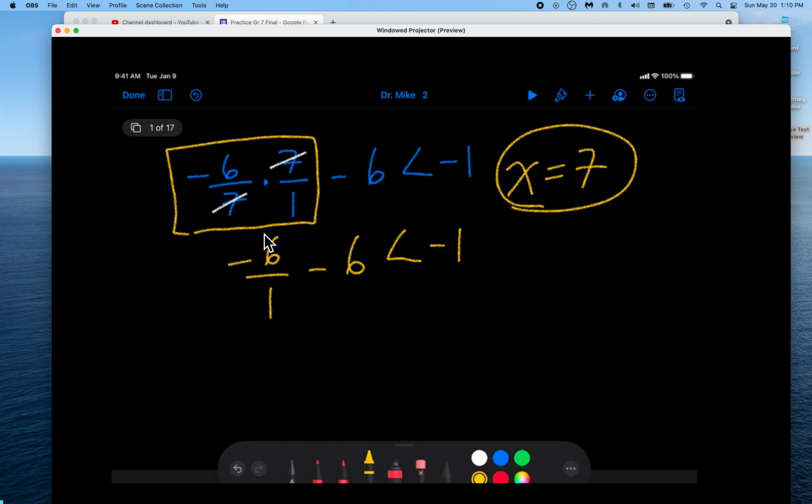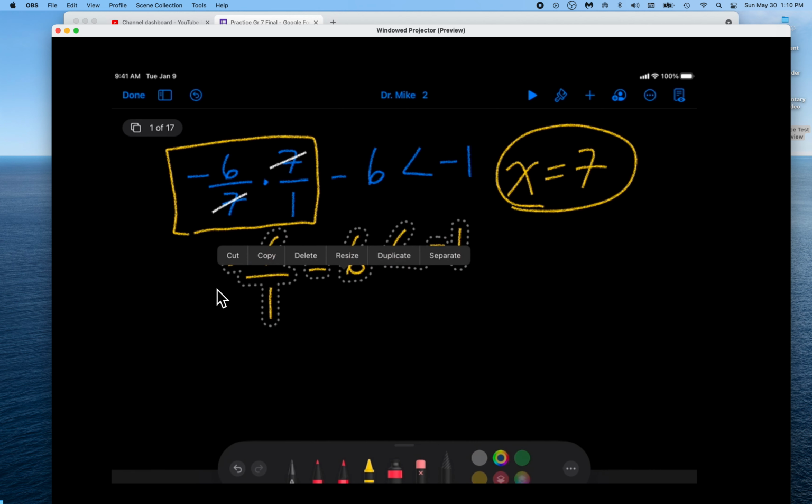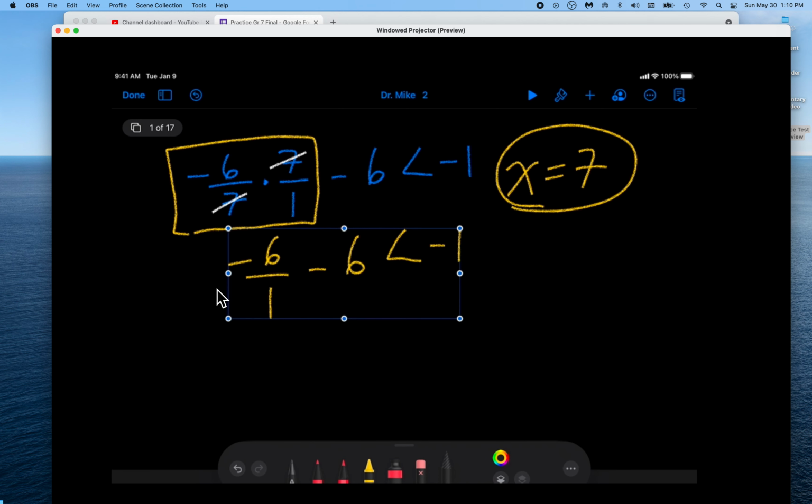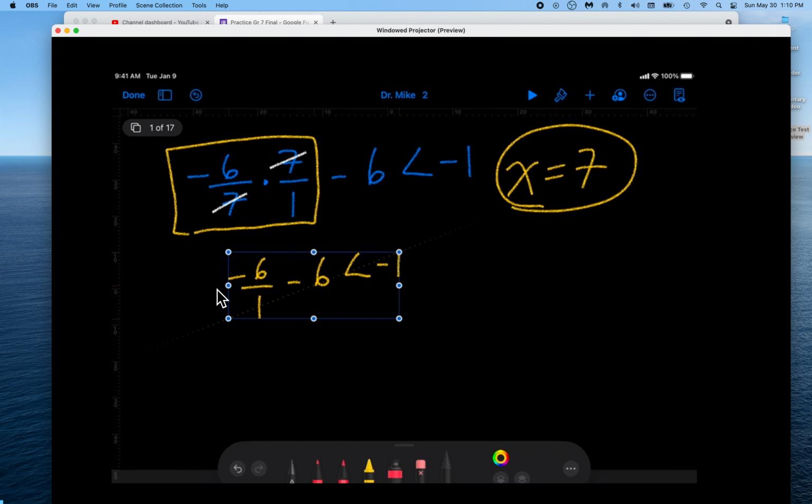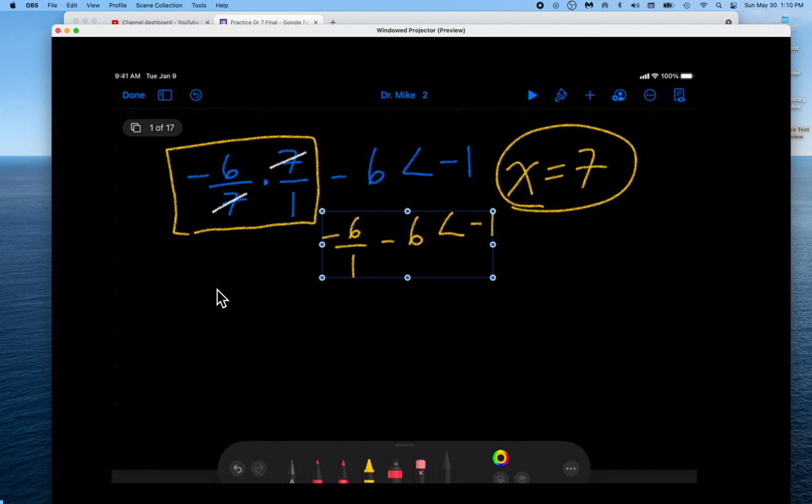Now, folks, we have another situation where I believe it's helpful to use the number line. So let's look at this right here. Okay, let's just look at that. I'm going to rewrite that as -6 minus 6 is less than -1.